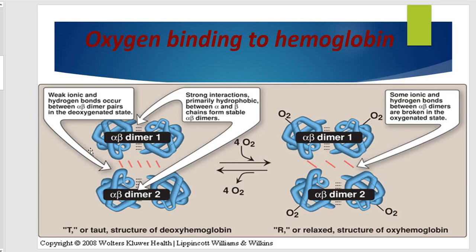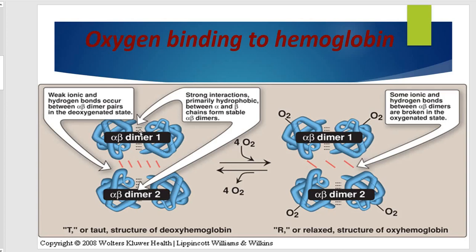Let's see the 2 forms. Deoxyhemoglobin means hemoglobin without oxygen, not bound to oxygen. It's also called taut hemoglobin or T form of hemoglobin.